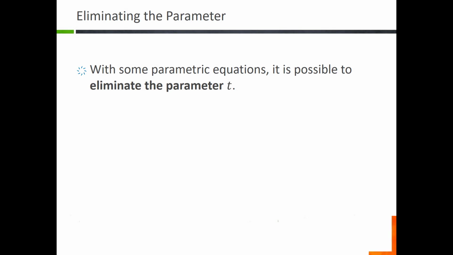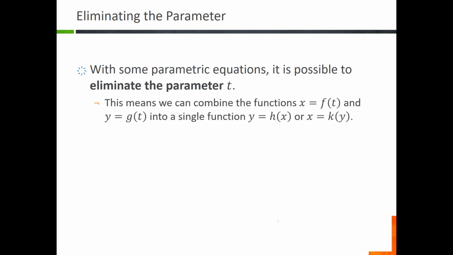All right, so how do we eliminate the parameter? Eliminating the parameter is just a phrase where we're trying to get rid of the t in the equation. We want to be able to figure out a single function that represents the parametric equation.